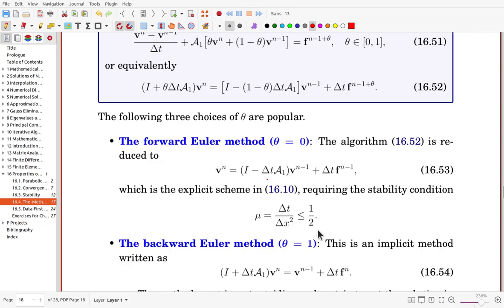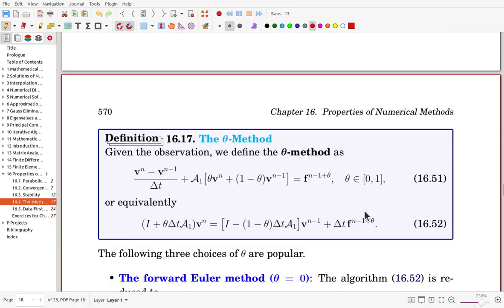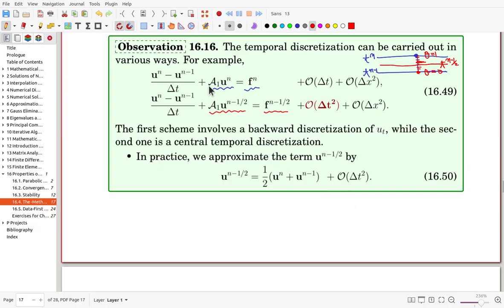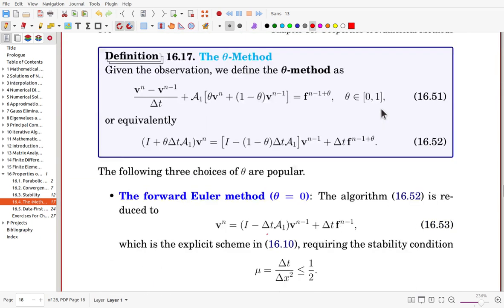We already know that. Now, for the backward Euler scheme, theta is 1, and we consider this one here, that is the backward scheme. Now, the basic level is on the top, and we make this difference for the time derivative, so it is a backward approximation.